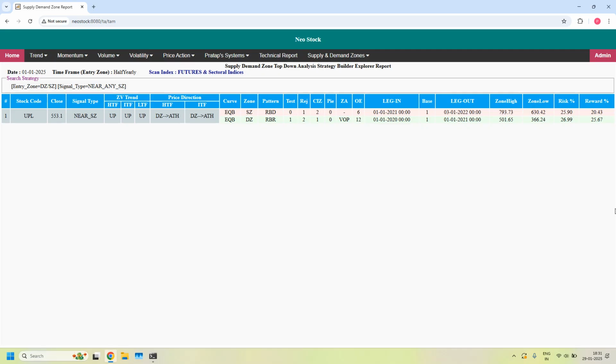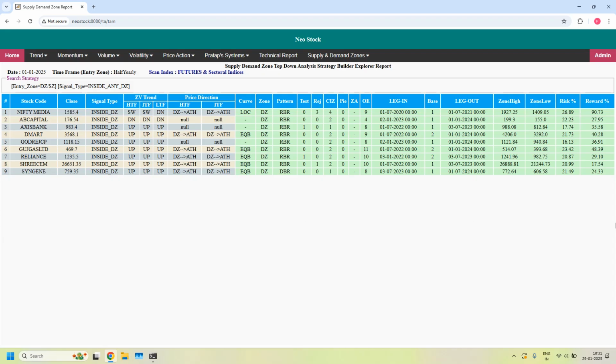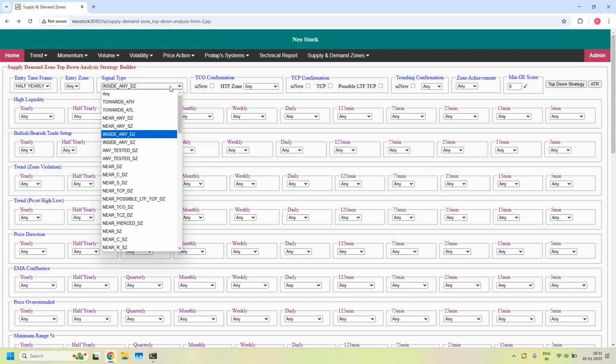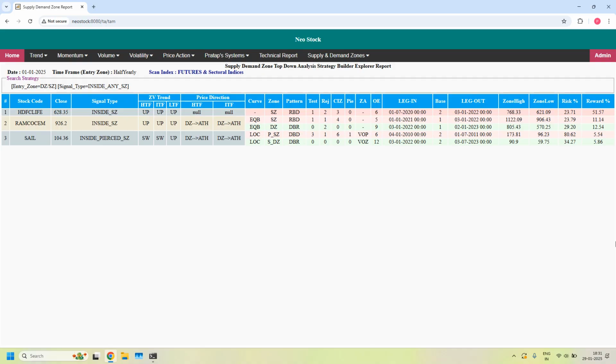Again, we got 1 stock. Next, half yearly time frame, price closed inside the half yearly demand zone. We got 9 stocks. Next, half yearly time frame, price closed inside the half yearly supply zone. We got 3 stocks.